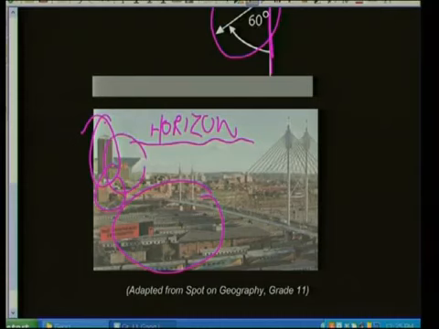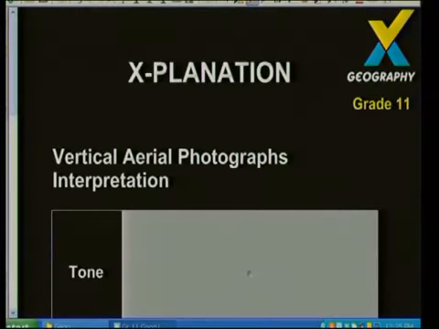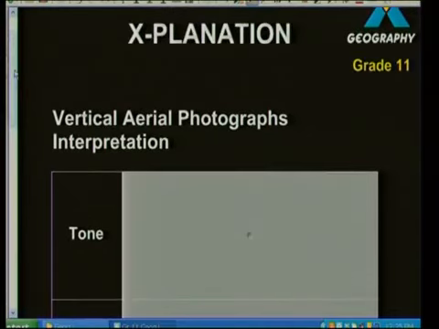Behind this building, what's behind there, you cannot see because it's blocked by this taller building. So they are hidden at times. Okay, so those are your photographs of different types in terms of oblique and vertical aerial photographs.